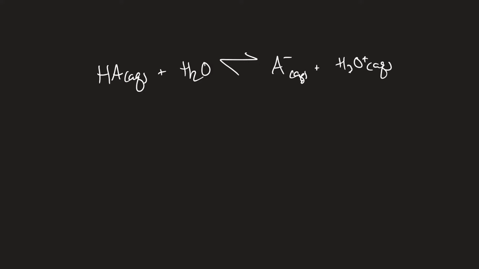Let's label this: this is your weak acid, so that makes this your conjugate base. In this case, this will be your base, and this will be its conjugate acid.